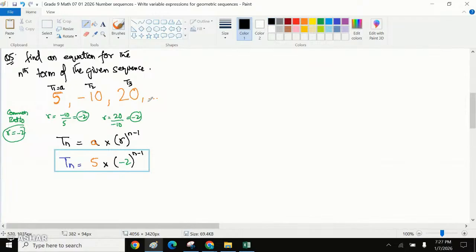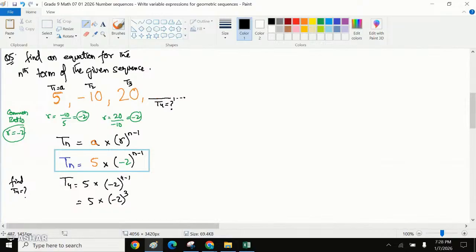And if we had to find term number 4, we simply replace the n by a 4. We can write 5 multiplied by -2 to the power 4 minus 1. What is -2 exponent 3?